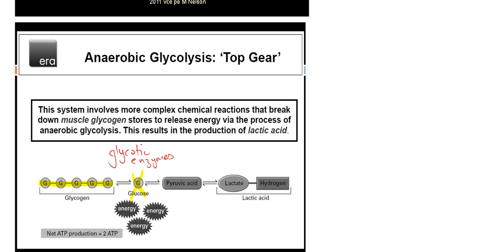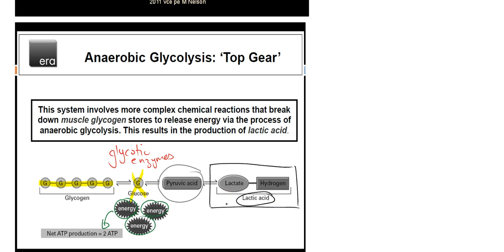Energy is released to resynthesize 2 to 3 ATP. Pyruvic acid is a byproduct, and because the required rate of energy production is too high for it to enter the aerobic system, it becomes lactate and hydrogen ions, which we term together as lactic acid.